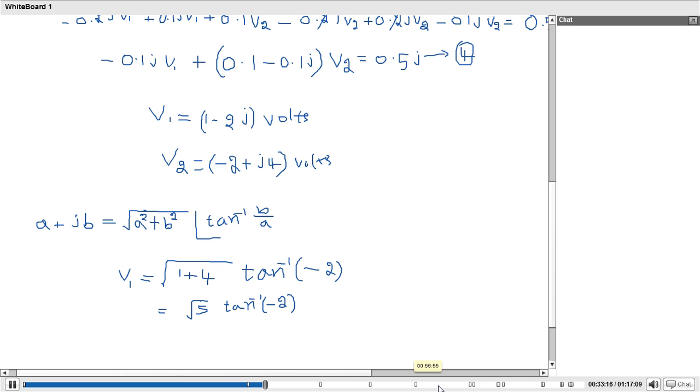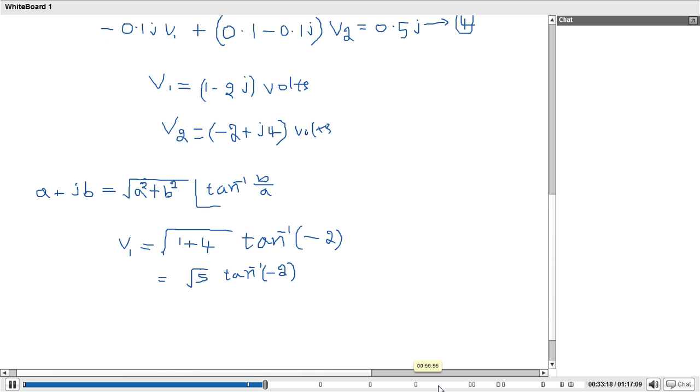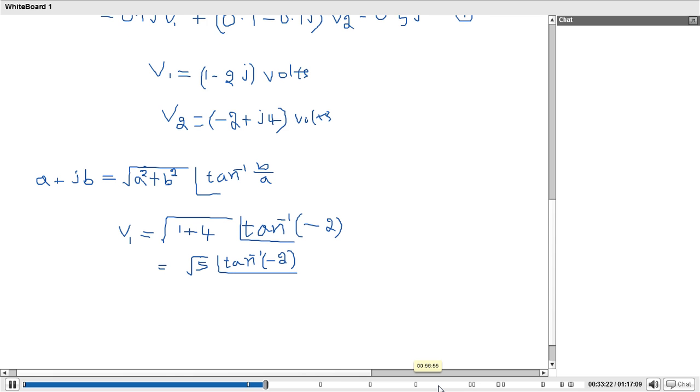Tan inverse minus 2. Sir, negative 63.43. Yes, correct. So 2.24 at an angle of minus 63.4.